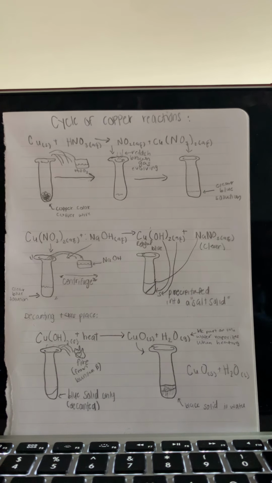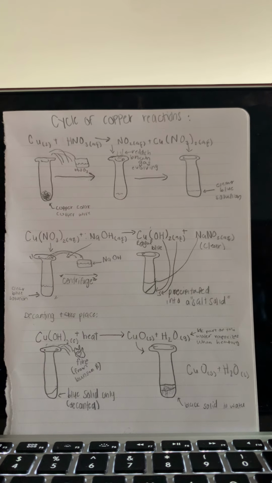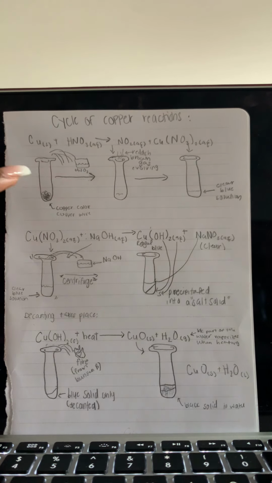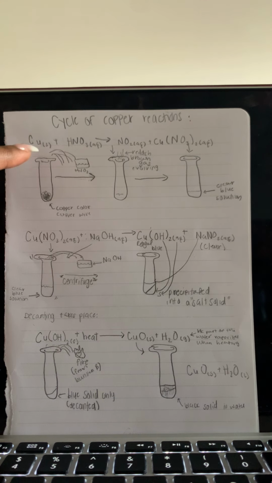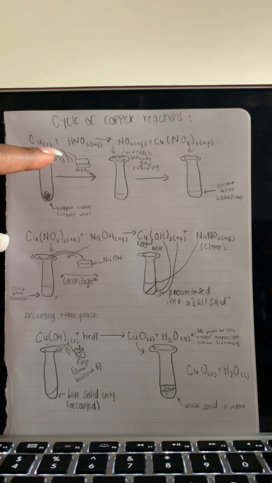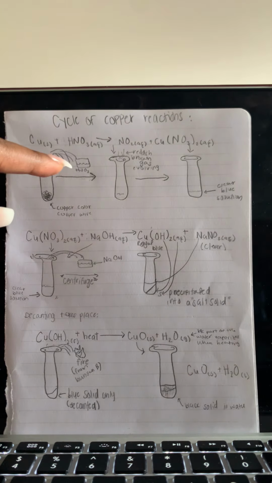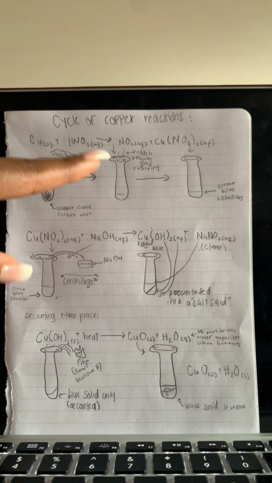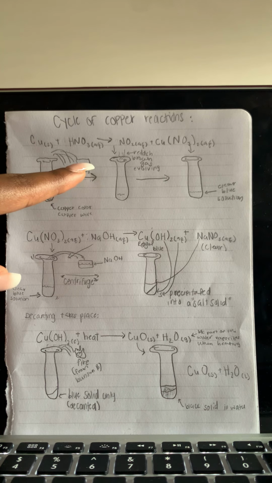Today I'm going to be performing experiment 7, which is the cycle of copper reactions. First off, we have our test tube, and the little thing that you see in there is a copper-colored solid copper wire, and we're going to add nitric acid solution to it. It produces a reddish brown gas, which is nitrogen dioxide.